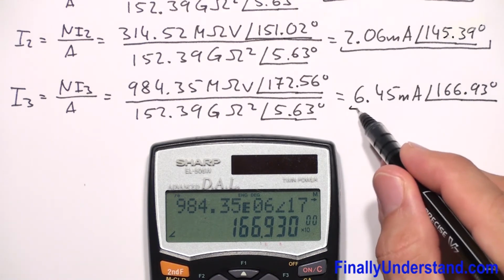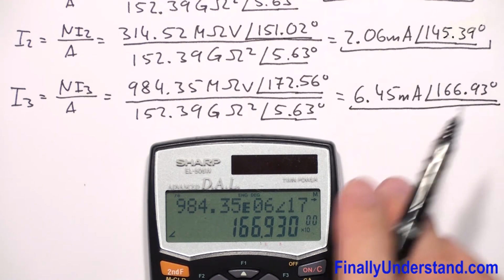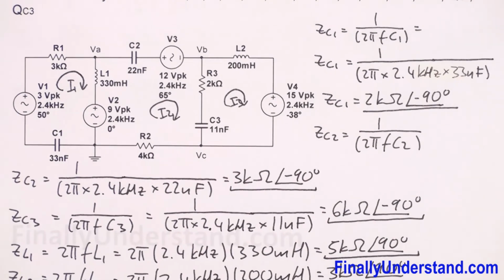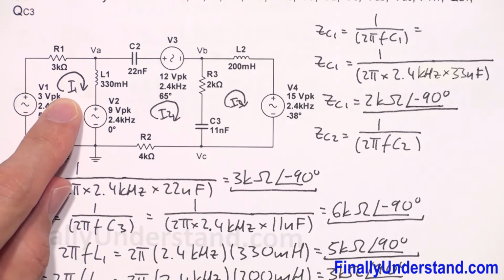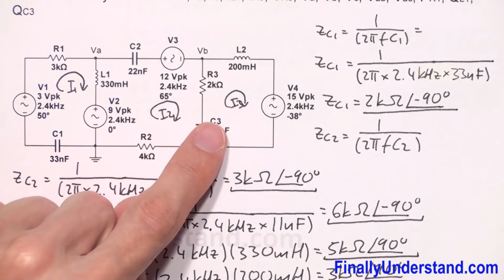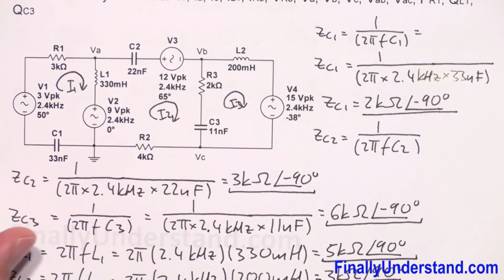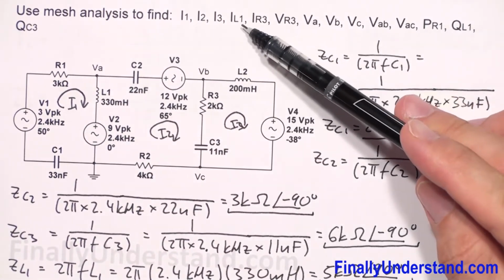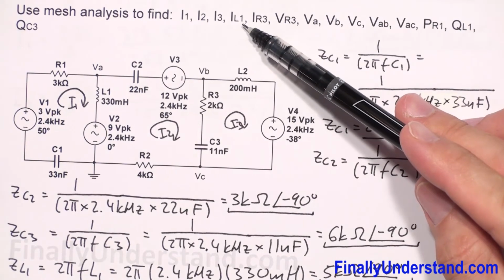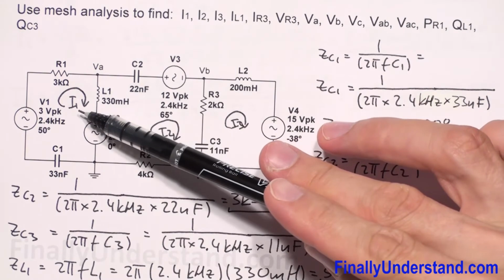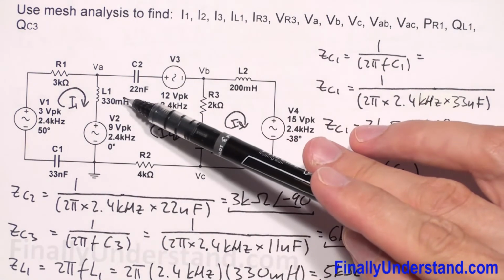Okay, so let me show you. We found current I1, we found current I2, and we found current I3. Next, we're supposed to find the current which goes through the inductor L1. Okay, L1 is between loop 1 and loop 2.